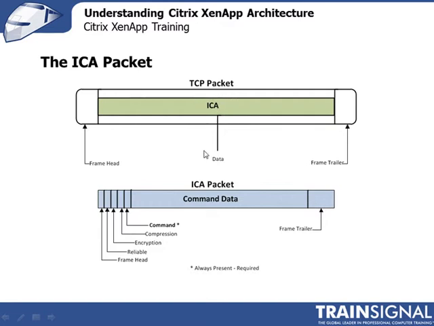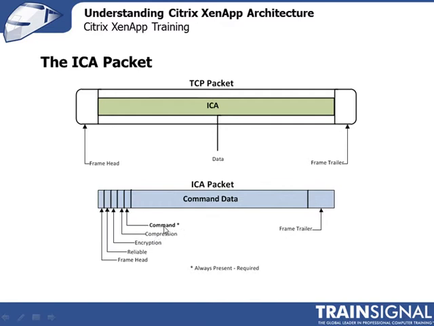But if you want to drill deeper within the ICA packet, you take a look down here, and you'll notice that the ICA packet is made up of different frames. You have the frame head, and we're going to talk about what that means. You have the reliability that the ICA protocol can add to its packets, encryption, it can also add to its packet, compression, and command.